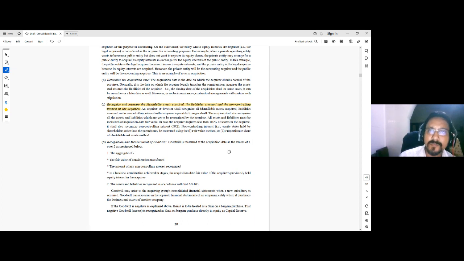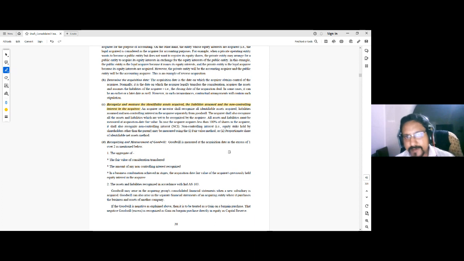Now suppose I have purchased 100% of the shares of B Limited, then there are no other persons involved, so no non-controlling interest will be there. But if I have acquired 60%, the others are still holding 40%, and these 40% shareholders will be known as non-controlling interest.